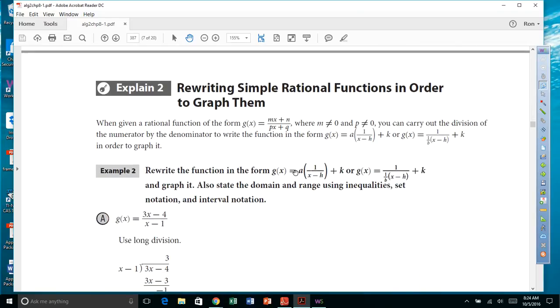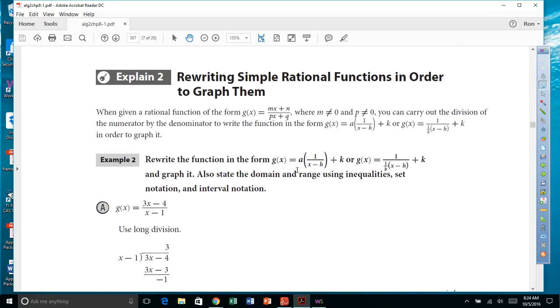Okay, rewriting simple functions in order to graph them.